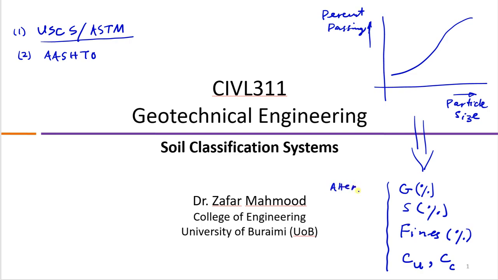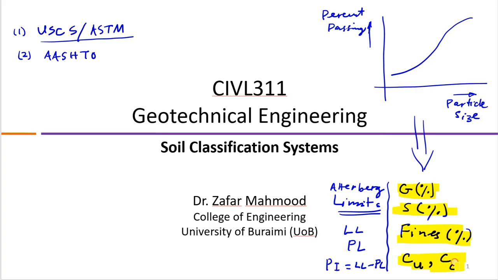If you recall the previous lecture, it was on Atterberg limits, where we do the liquid limit test and the plastic limit test, and from the liquid limit and plastic limit we calculate the plasticity index, which is liquid limit minus plastic limit. So in order to classify the soil, we need the following information: the percentage of gravel, percentage of sand, percentage of fines, coefficient of uniformity, coefficient of curvature, liquid limit, and plastic limit. If we have all this information, then we are ready to classify this soil.